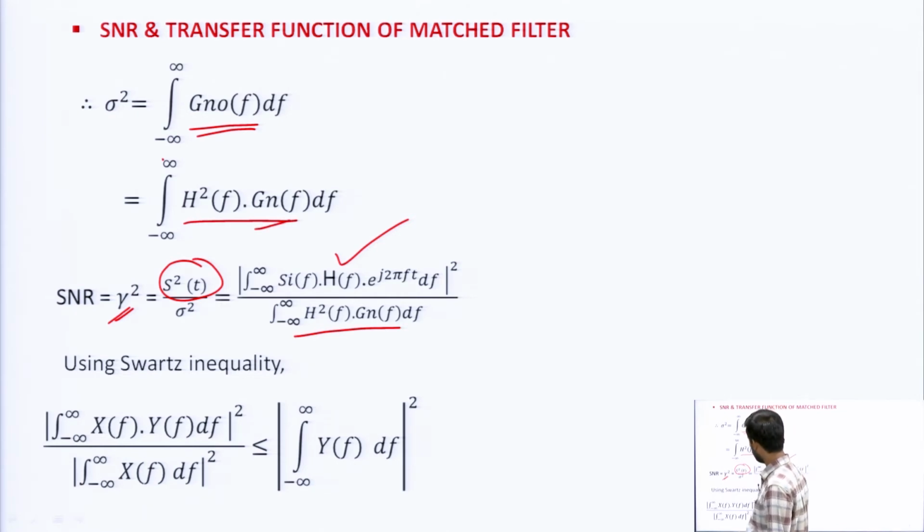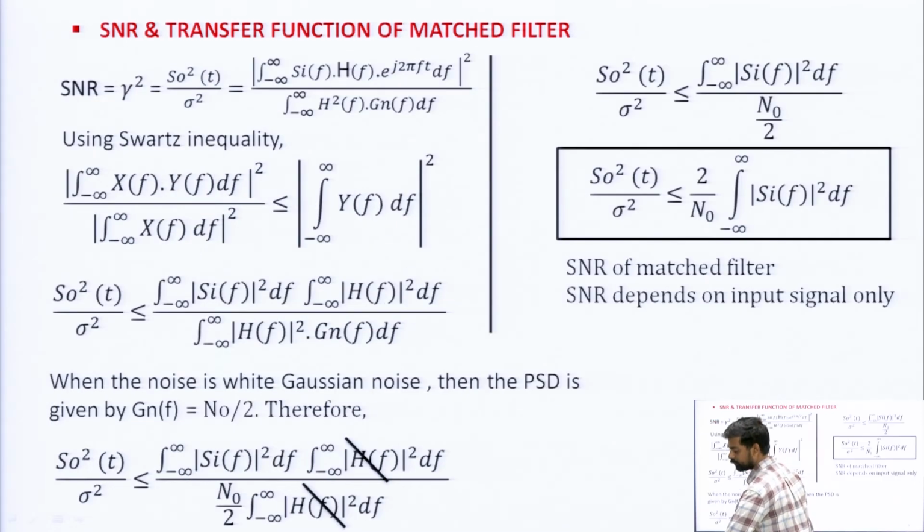Here also we are using the Schwarz inequality to find this expression. We know that the inequality is: the magnitude squared of the integration of x of f multiplied by y of f df, divided by the integration of the magnitude squared of x of f df, is bounded by the integration of the magnitude squared of y of f df.